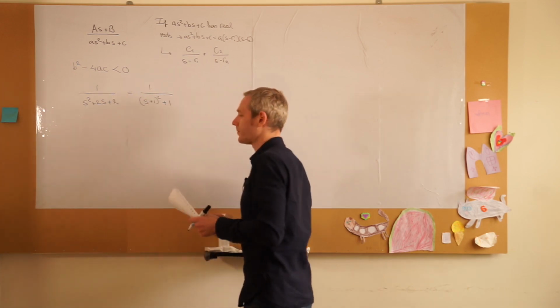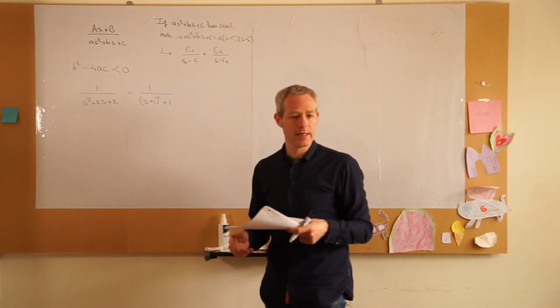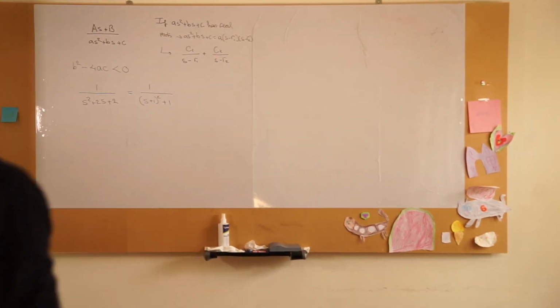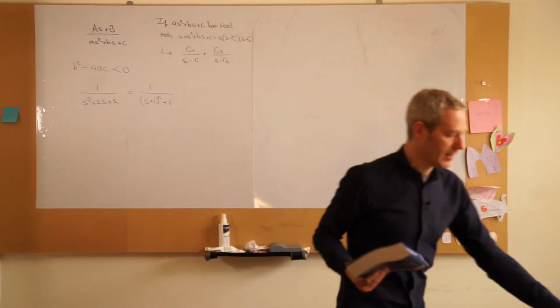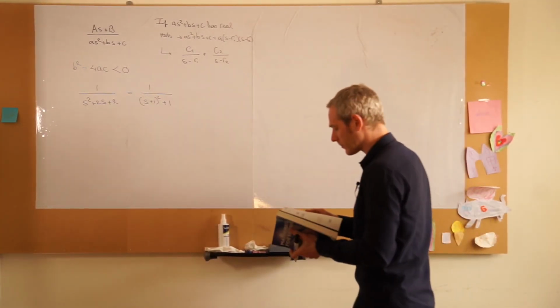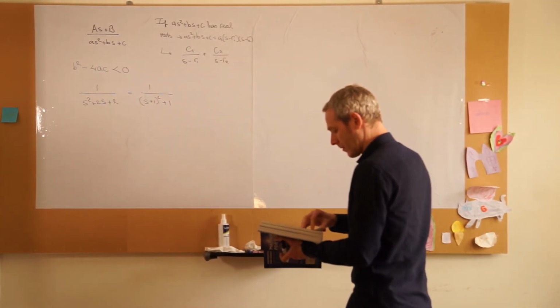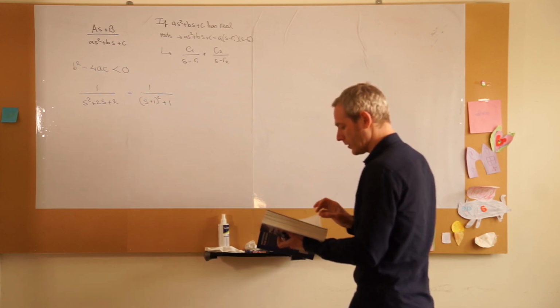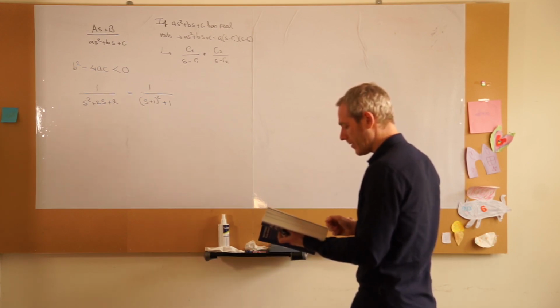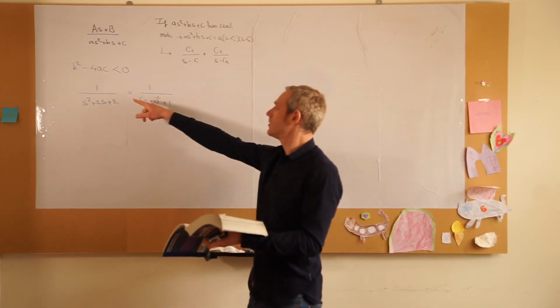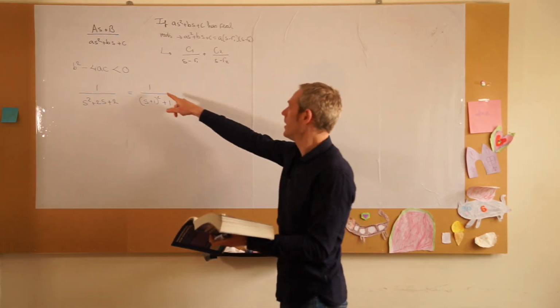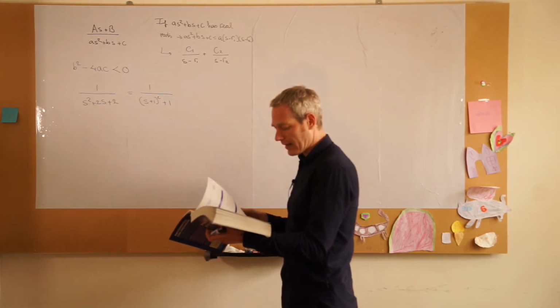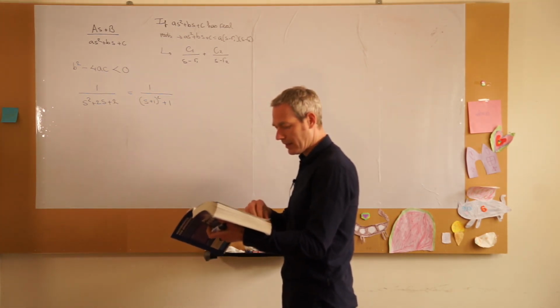And now if we get the book and we have a look at the Laplace table, we have a couple of options. We know there is no s in the numerator, so we can write a constant there. And let's see.